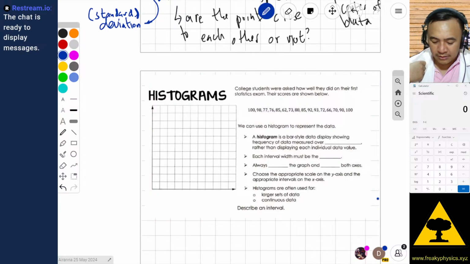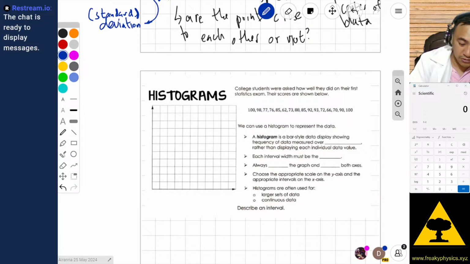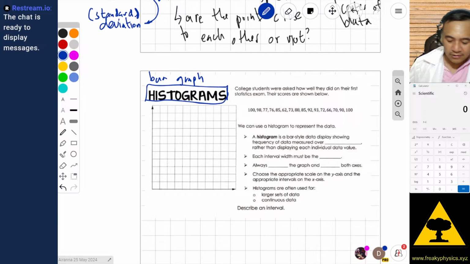Whenever you have that, or if you have a large set of data, it's going to be hard to do a dot plot. So what you're going to use here is what's called a histogram. A histogram is basically a bar graph. It's already said here on the notes.